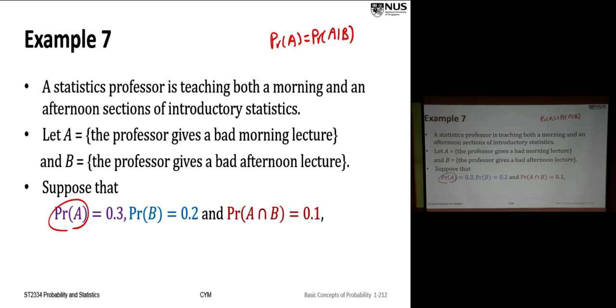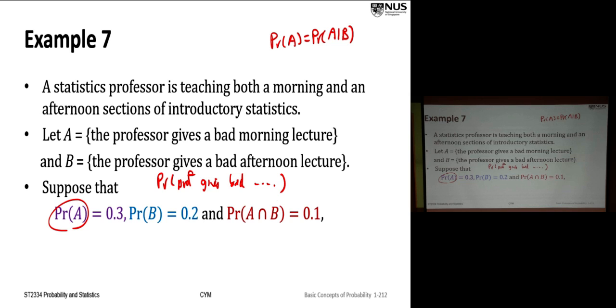Somewhere you have to write down what you mean by A. A is the professor gives a very bad morning lecture. Of course, you can write it out: the professor gives a bad morning lecture and so on.